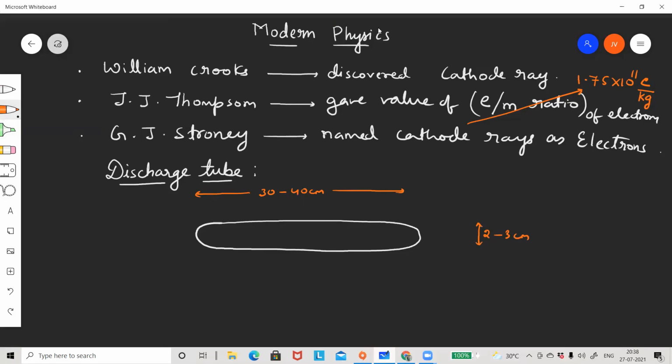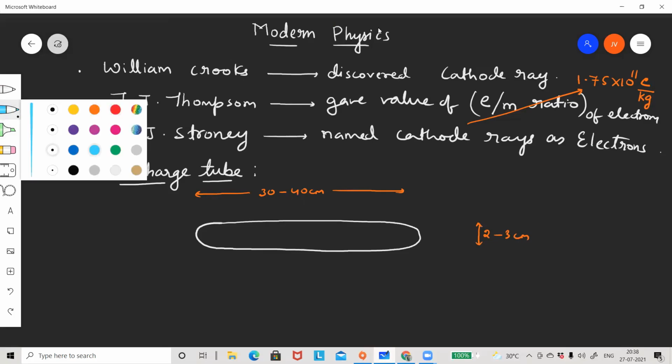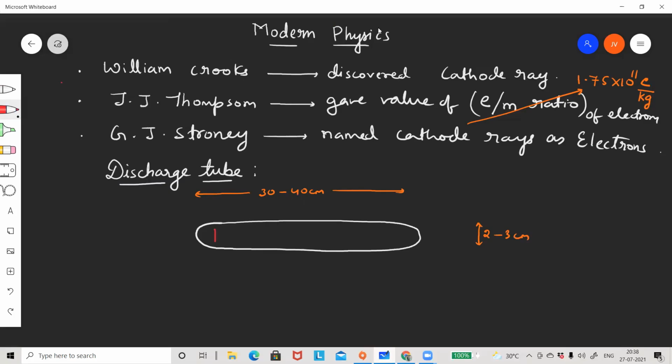The discharge tubes will have two metal plates at the extreme ends. Which metal plates? They can be any metal, because when this experiment was performed, the metal plates were also changed to see whether, when we change the metal plates, the output of the experiment changes. These metal plates are called electrodes, and they are connected to high voltage.